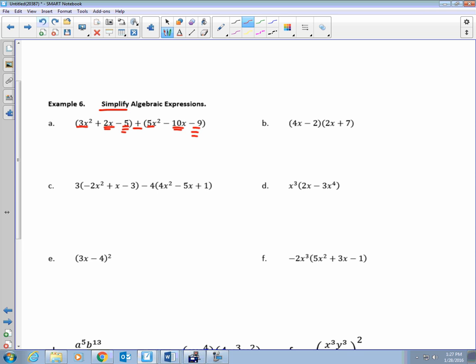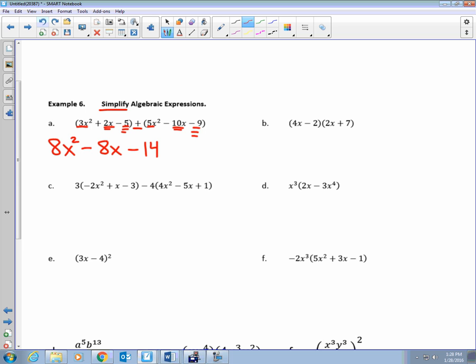So we all remember like terms, correct? If I have 3x squared plus 5x squared, I get how many x squareds? 8x squared. We don't change anything with the exponents, we simply add the coefficients. Then 2x and negative 10x is negative 8x, negative 5 and negative 9 is negative 14.